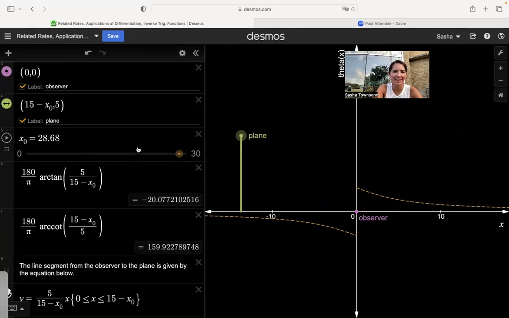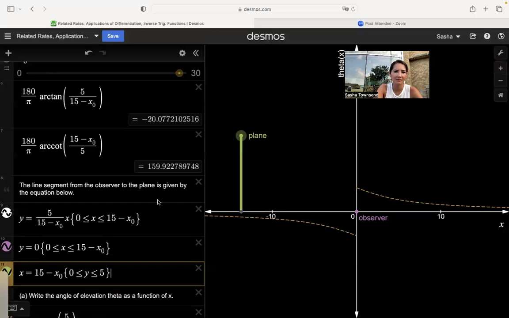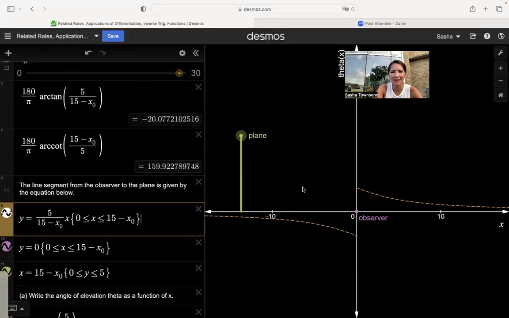But now it's not graphing that line segment from the observer to the plane. So if I wanted to graph that line segment from the plane to the observer, I'm just going to use the same equation. That still works.